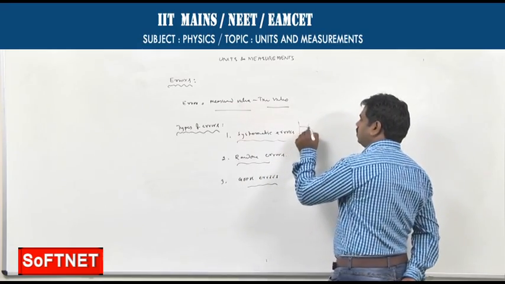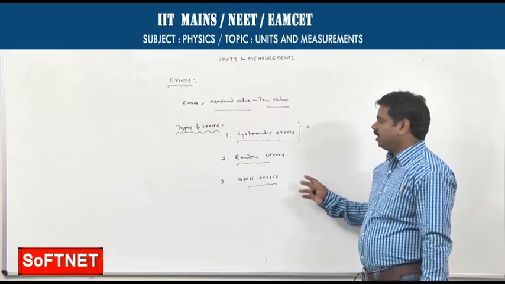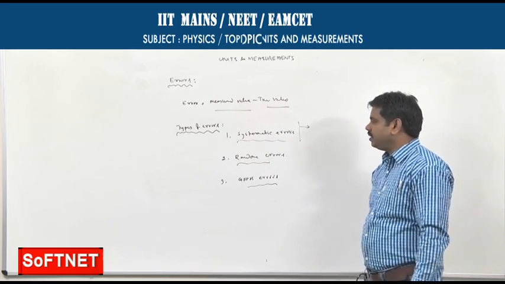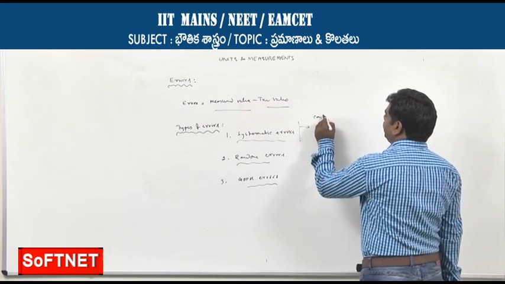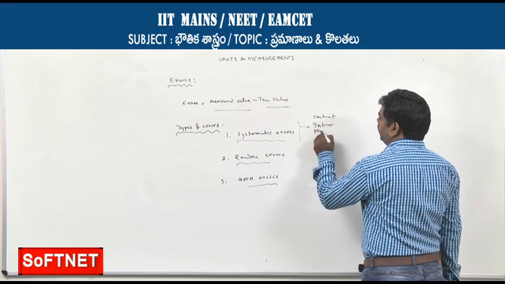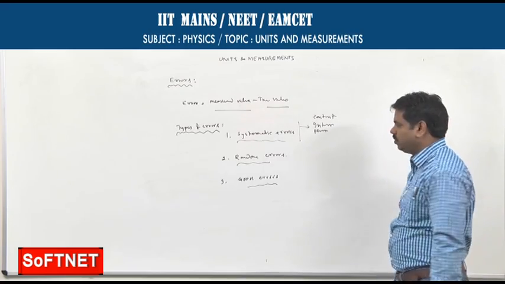Systematic errors are the errors which follow a regular rule and which will be present in every measurement. For example, constant error, instrumental error, personal errors come under the systematic errors.